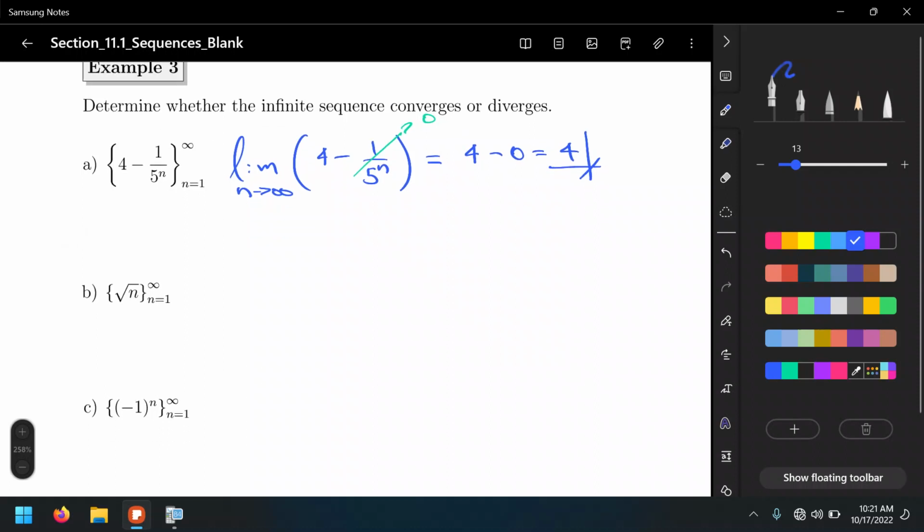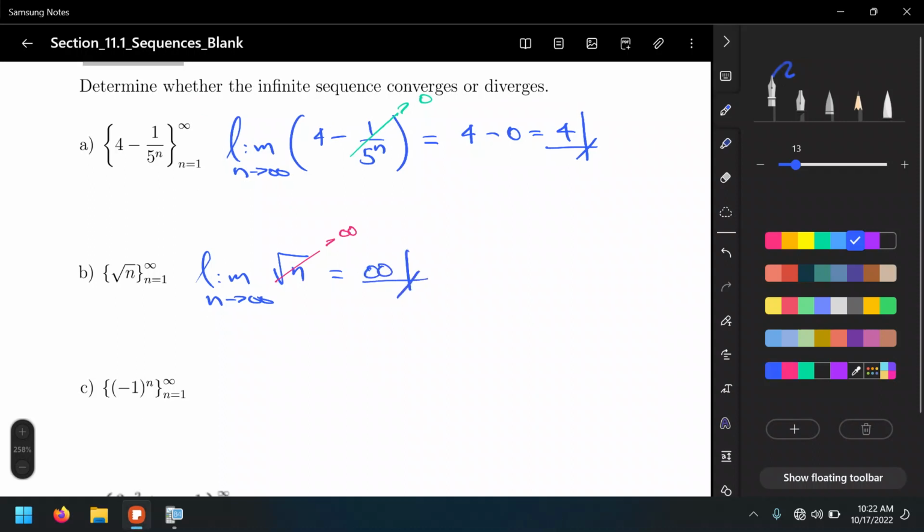Letter B. Limit of the square root of n as n approaches infinity. Essentially, the square root of infinity, where is that going to go? Infinity, all right? Infinity or does not exist. So in this case, infinity.